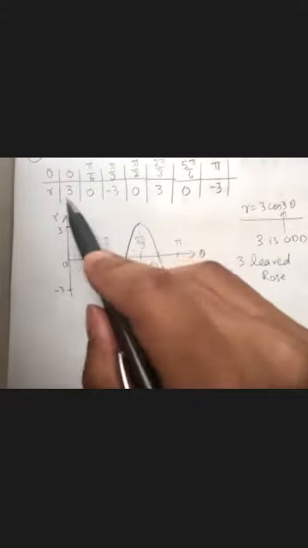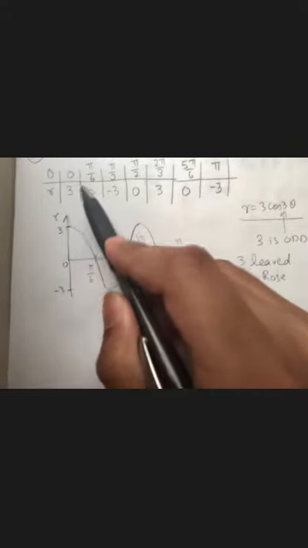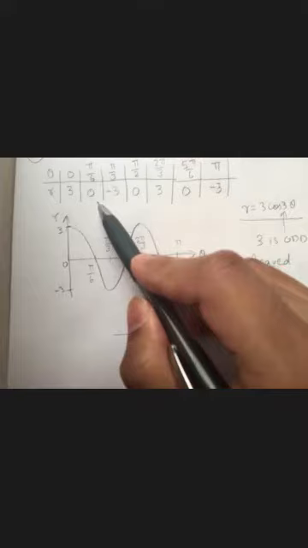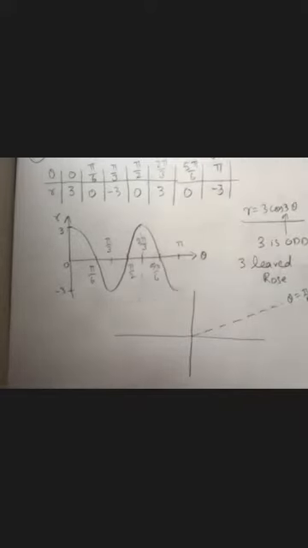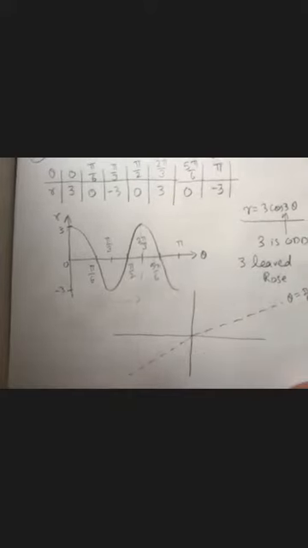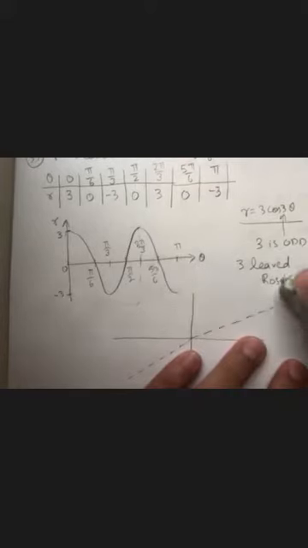First, note that this table is very important. When theta is 0, r starts from 3, and then every pi over 6 interval, it goes 3, 0, negative 3, 0, 3, 0, negative 3. So the pi over 6 interval is very important. First, just for reference, mark this line, theta equals pi over 6.